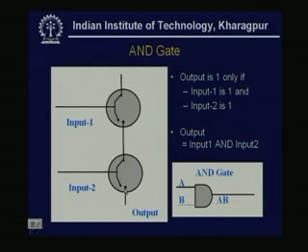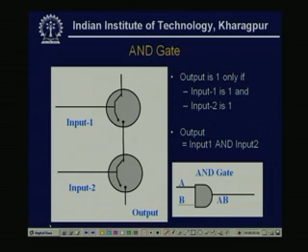Any one of the switches disconnected means my input is 0, or 0 volt if I consider voltage level. If this one is disconnected, that input is 0, and the other is connected, that input is 1, but whatever be the case, the output is 0.